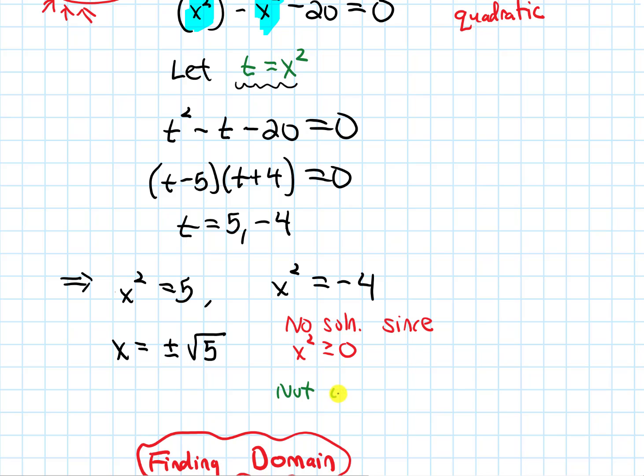And that's true because we are not using complex numbers in this class. If we were using complex numbers, we would have answers from this. They would actually be plus or minus 2i. Alrighty, so overall for this problem, the solutions are plus or minus square root of 5.